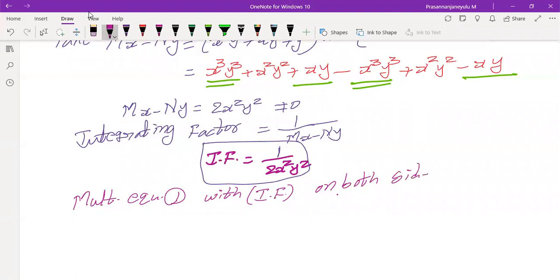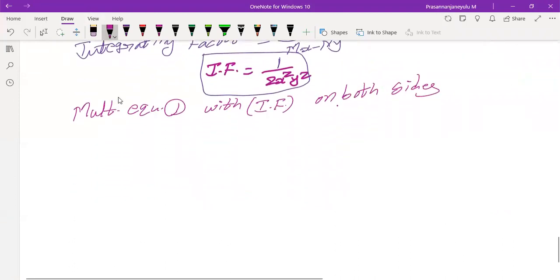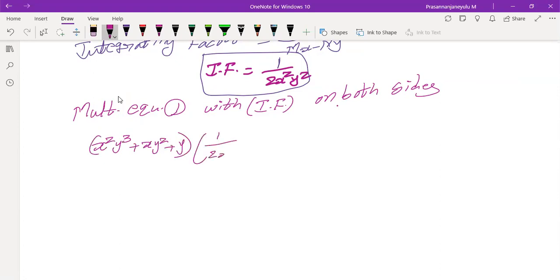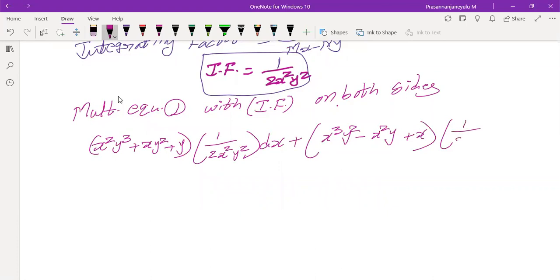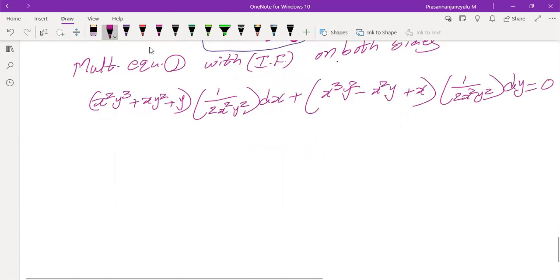Then we will get M, which is x square y cube plus xy square plus y, multiplying this with 1 by 2x square y square into dx, plus n, which is x cube y square minus x square y plus x, multiplied with 1 by 2x square y square, into dy equals to, I am writing the direct step, right hand side is 0 into 1 by 2x square y square, which is 0.